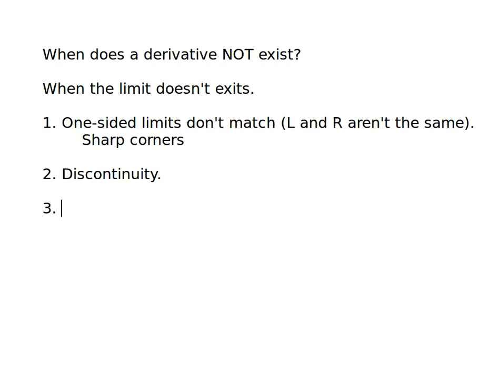The third thing is we can try and think of the slope of a tangent line not existing, and that's going to happen at vertical tangent lines. A vertical tangent line has an undefined slope, and so we'll say that the derivative doesn't exist there.